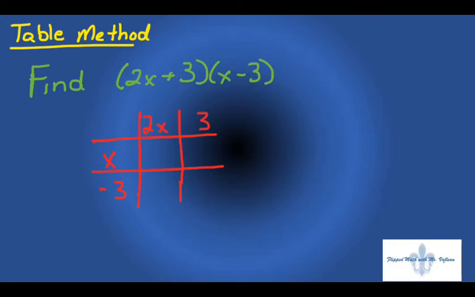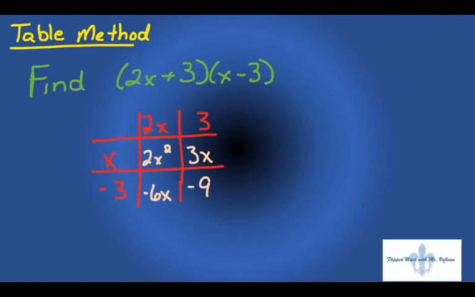So 2x times x is 2x squared. 3 times x is 3x. On the bottom, we have 2x times negative 3, which is negative 6x, and negative 3 times 3, which gives us negative 9. Now we have to put our product together appropriately.